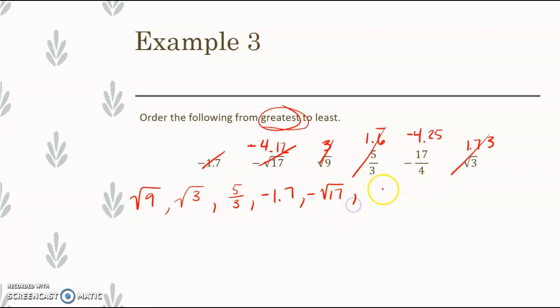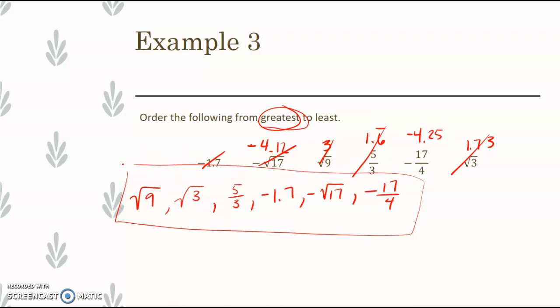And then we end with the negative 17/4, because it's the smallest number in the bunch at a negative 4.25. And so there is our order from greatest to least.